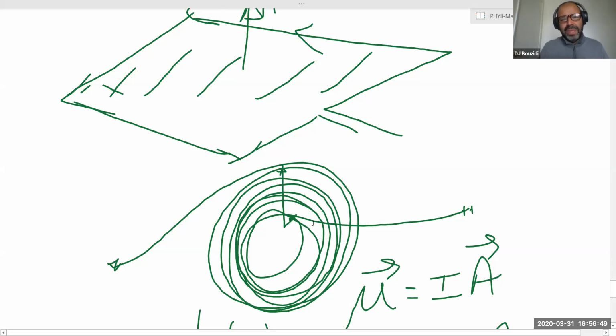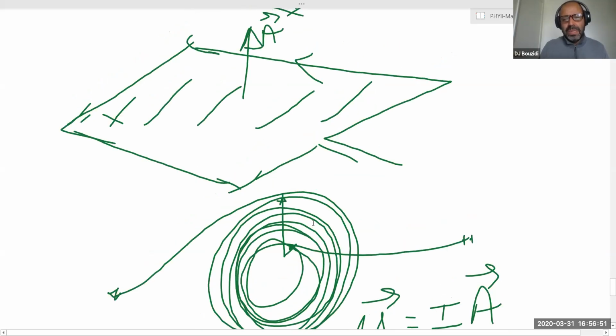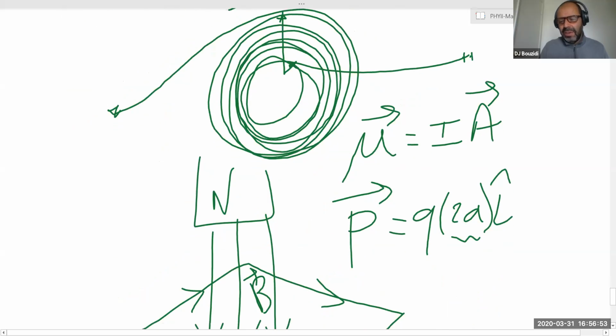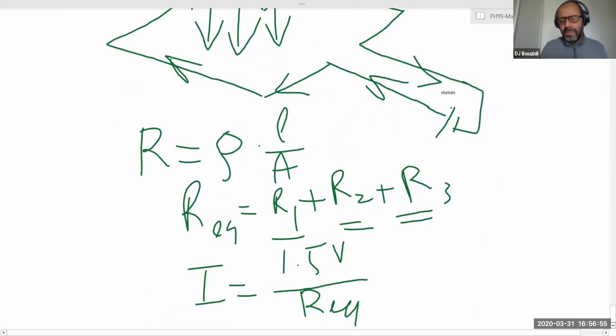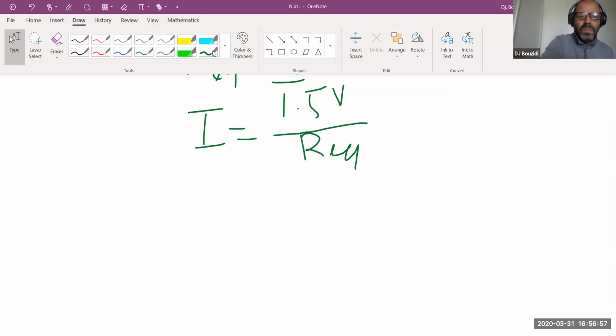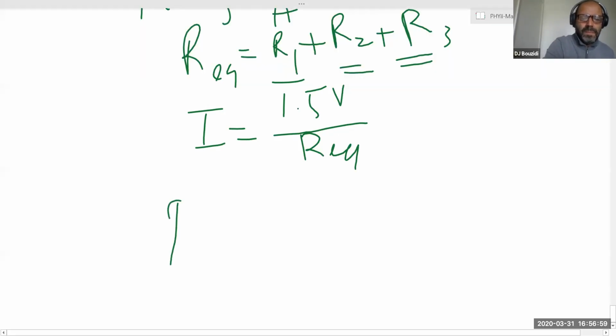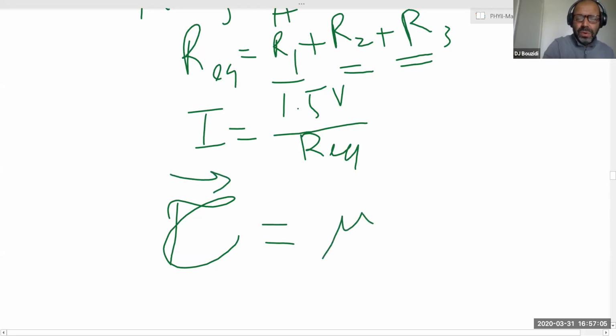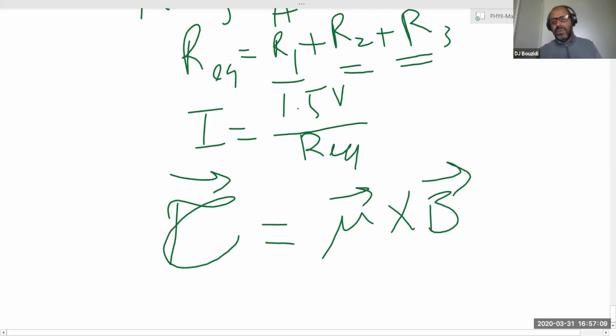Now we have to find the expression for the torque basically. And the torque is given by the expression tau is equal to, it's a cross product again, of mu crossed with B. You see how many cross products are already involved? In A, there is a cross product already.